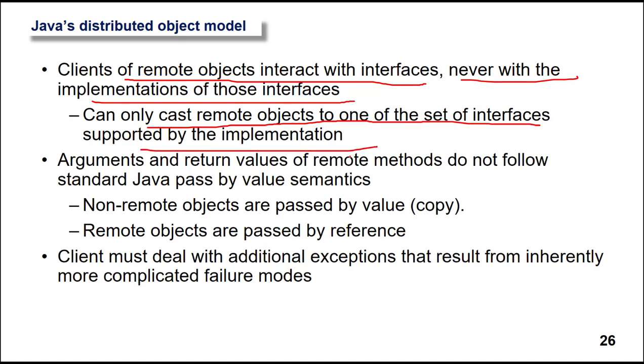Arguments or return values of remote methods do not follow standard Java pass-by-value semantics. Non-remote objects, whose interfaces do not extend the remote interface, are passed by value copy, which means they are serialized. Their classes need to implement the Serializable Java interface, so that they can be converted to a byte stream, copied and travel over the internet.